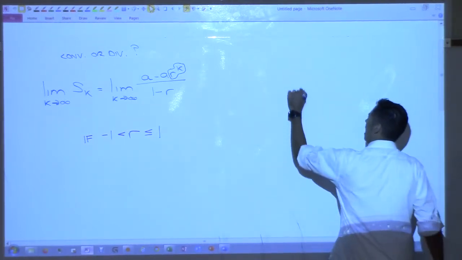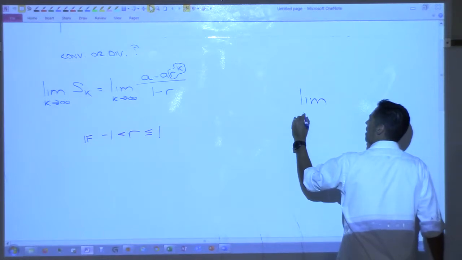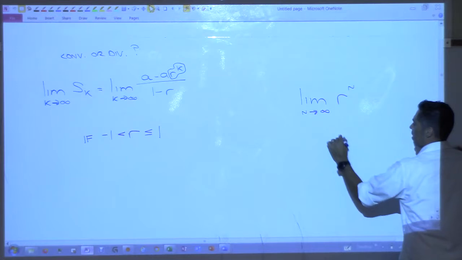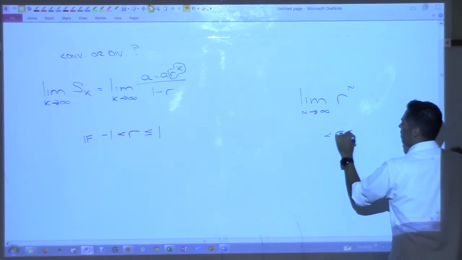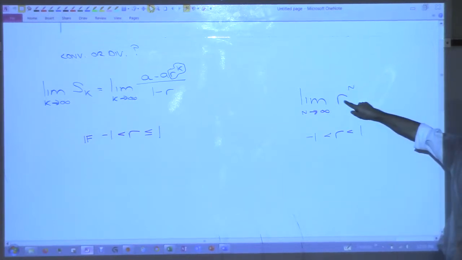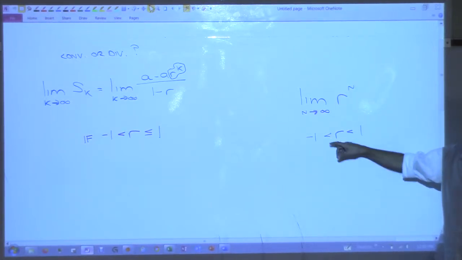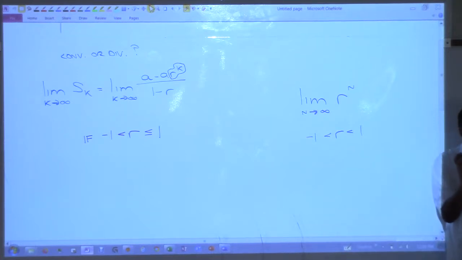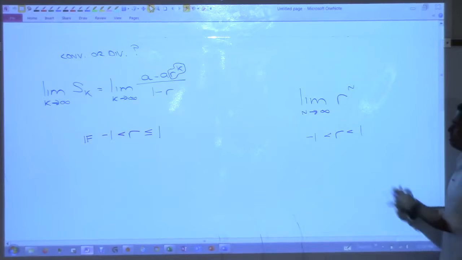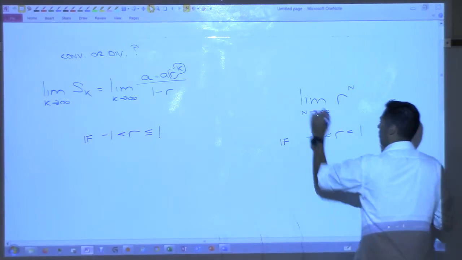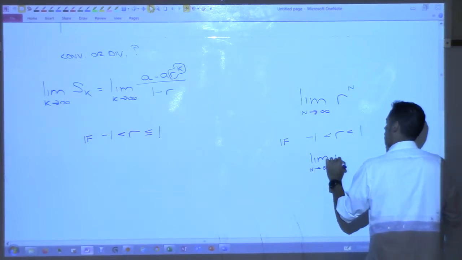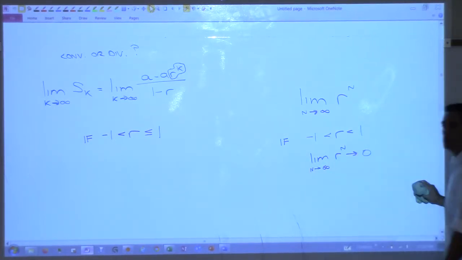Last class, we looked at the limit, I think we used n, as n went to infinity of r to the n. And we said there were a couple of cases. Like if r was between negative 1 and 1, what happened? If this number is smaller than 1 in absolute value, the powers get smaller and smaller and smaller. So that would converge to 0.